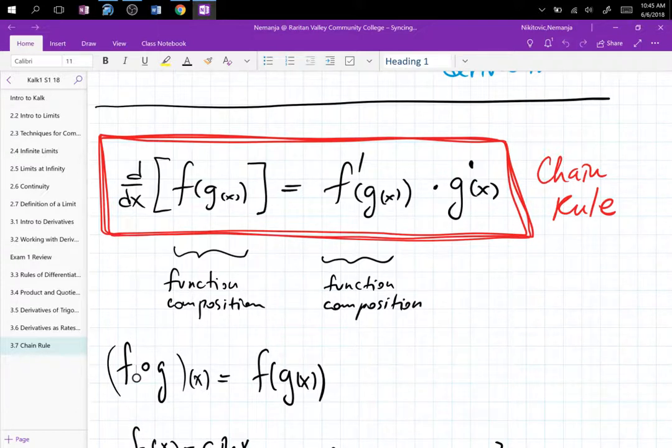We have two ways in which we can improve the fun. Number one is what happens if we are to compose more than two functions. What if we had 4 functions that are nested? Can we take the derivative of that? And the answer is yes.